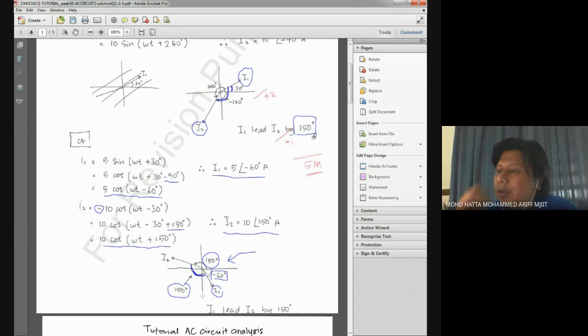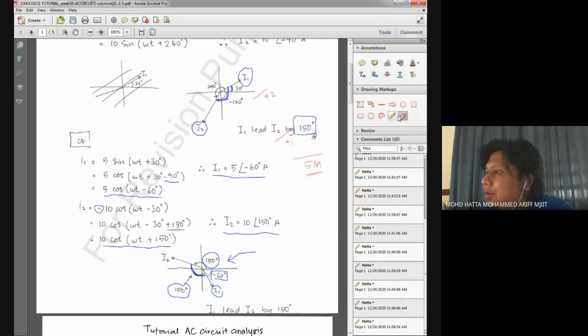It is a bit confusing because both values are the same. However, to draw I2, I will use the angle over here, because I2 is positive 150, and here is the phase difference.